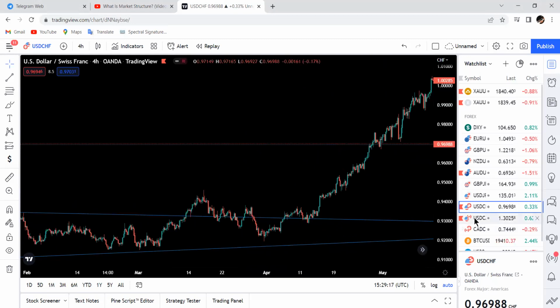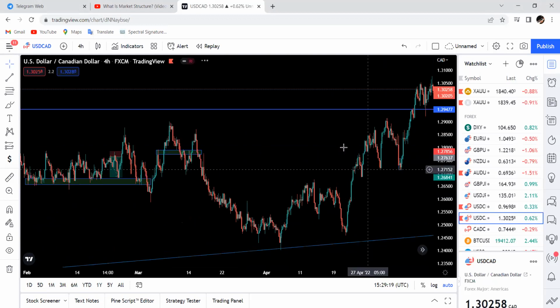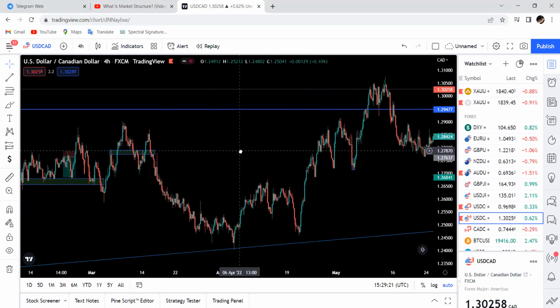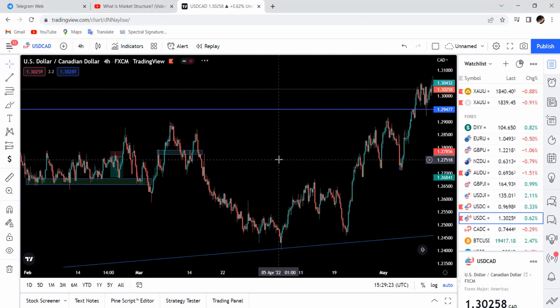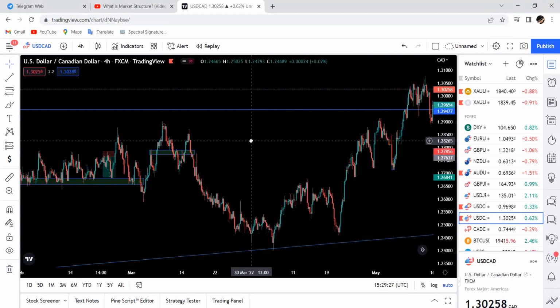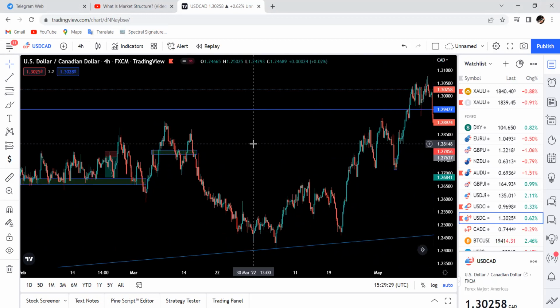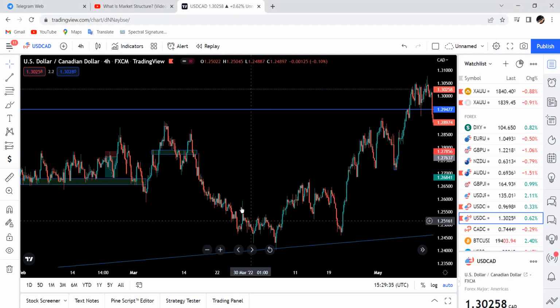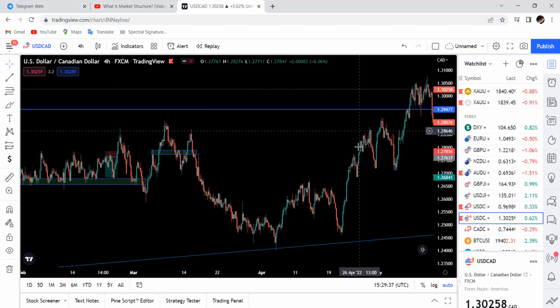I like that. Let's look at another, different one. Let's just take this side. What would you say about this side? I think it's an uptrend.